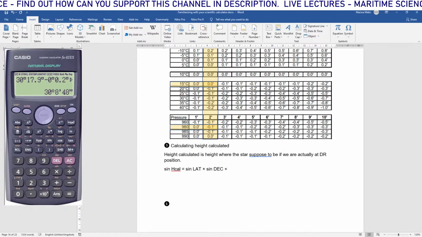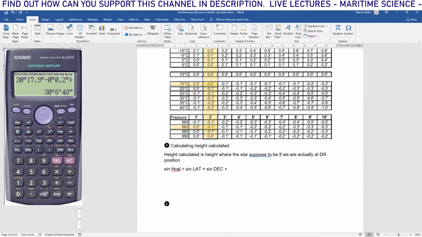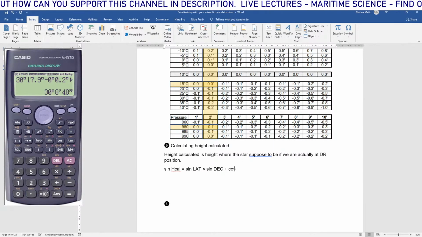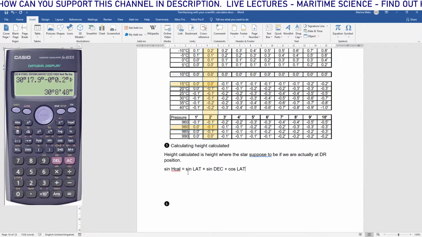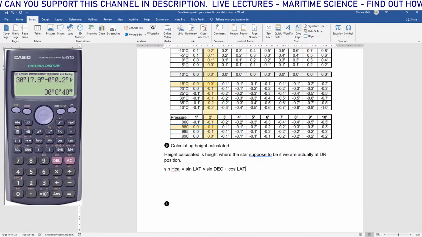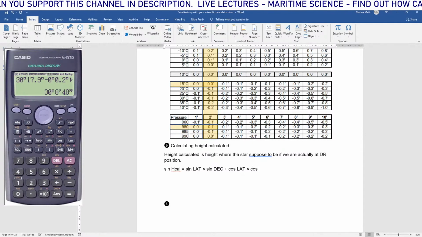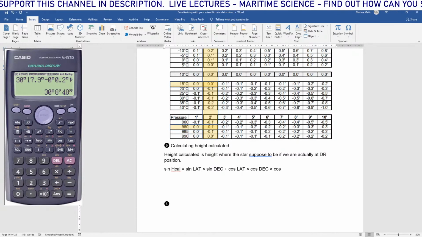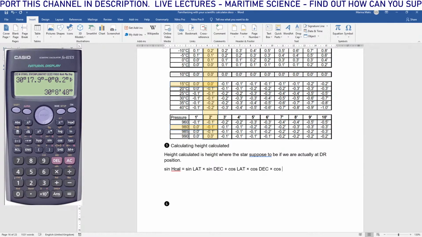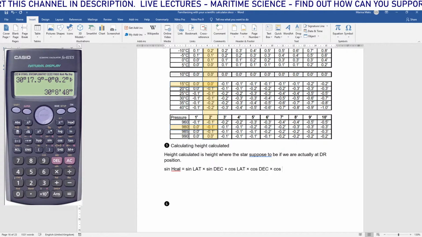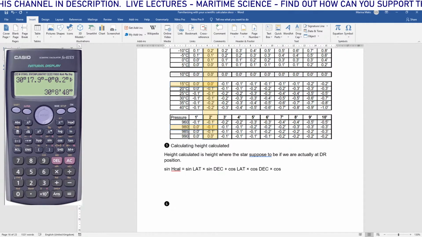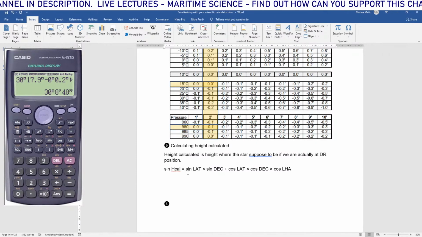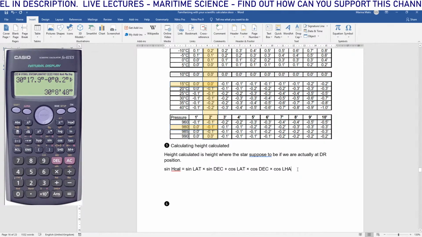You do not have multiplications between sines and cosines, never. It's always minus or plus. So in this case it's plus. And then we have cosine of both sides, so cosine of lat times cosine of declination of that star, and cosine of the angle that is opposite to the side of the triangle that we are looking for. The opposite angle to height calculated is local hour angle. And because it's a star, that means the star.